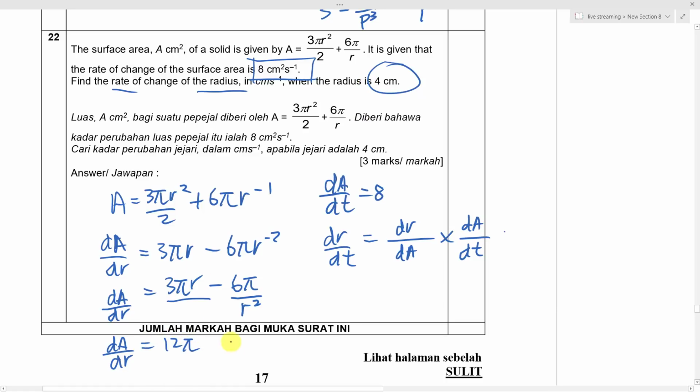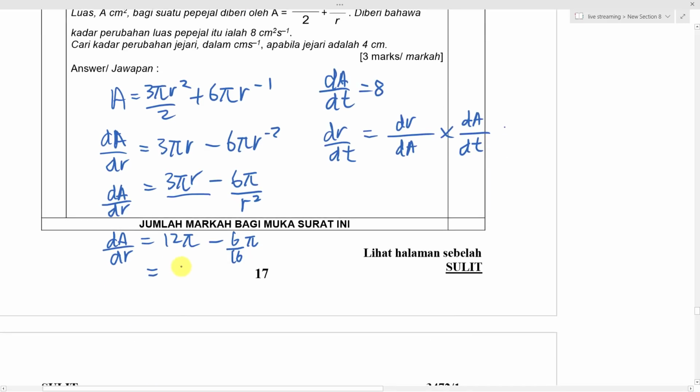So this one will be 12 pi minus 6 over 16 pi. Alright, use the calculator for this one. 12 minus 3 over 8. So you will get a kind of weird thing here. You will get 93 over 8 pi.